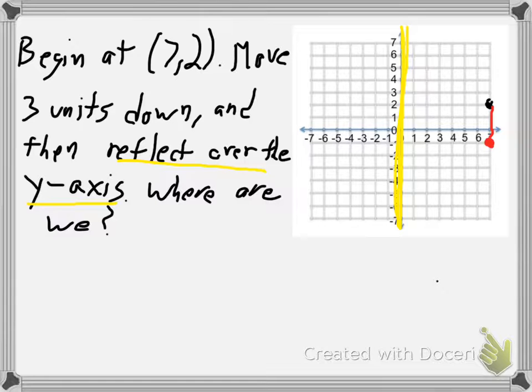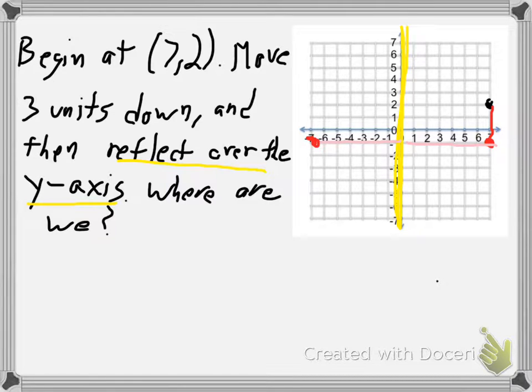If I count how far away I am from that y-axis here, I can count that I am 1, 2, 3, 4, 5, 6, I'm 7 away. So that means on the other side, I need to be 7 away. 1, 2, 3, 4, 5, 6, 7. And there's where my point should be.